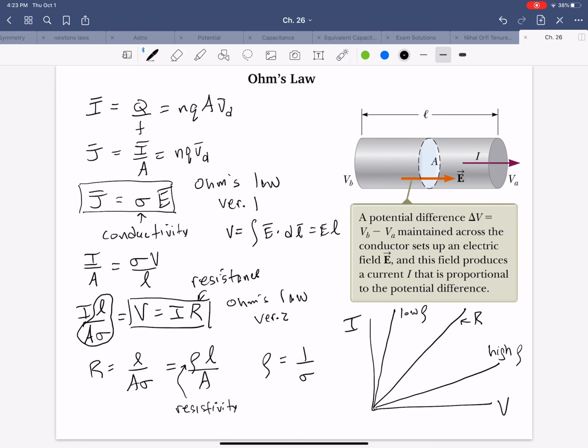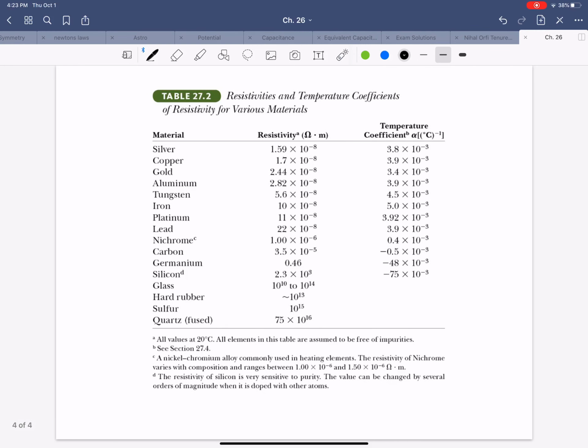I hope this has given you a little bit of insight into the relationship between voltage, current, resistance, and resistivity. Here's a table of a couple values. You can see the resistivity for a typical wire composed of copper is very low, very high conductivity.